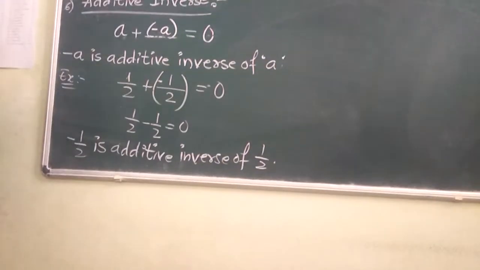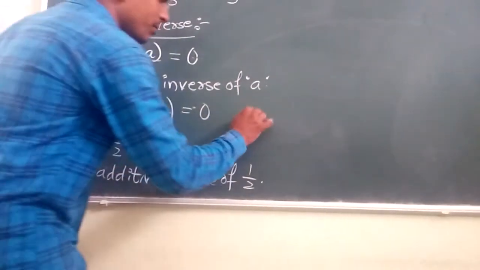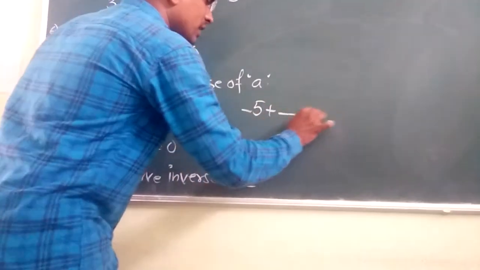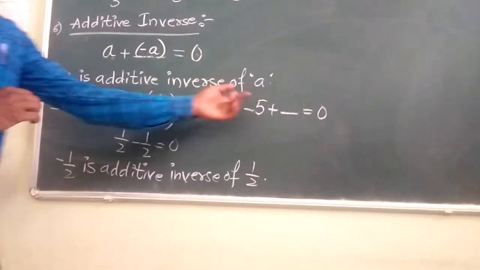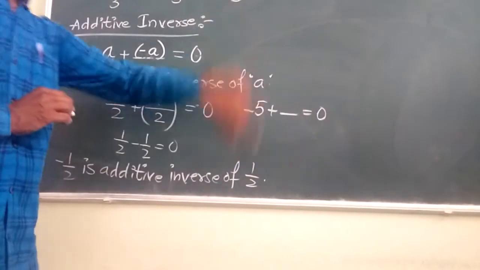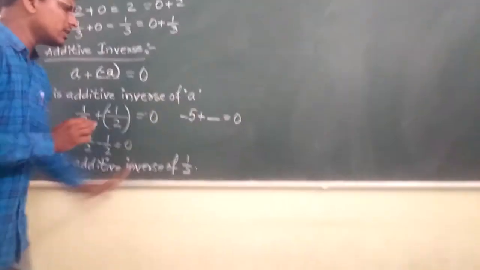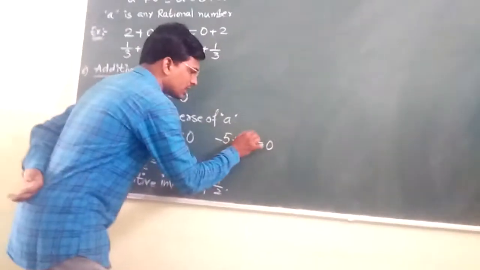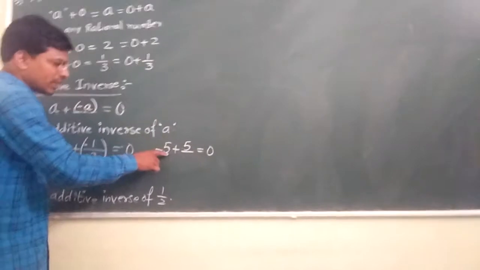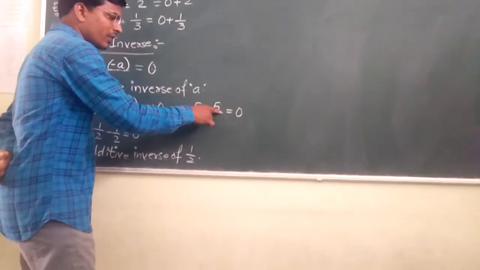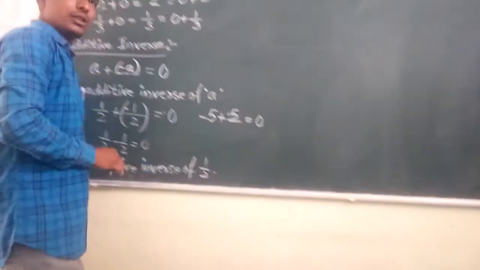For example, if I take minus 5 plus dash is equal to 0, for this number minus 5 we have to add one more number to get the sum as 0. The same number but the sign should be opposite. Here the number is negative, so we have to write the other number as positive. Minus 5 plus 5 is 0.